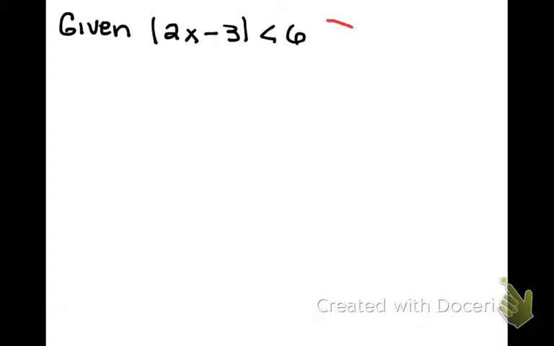So for this one, we have less than. So how you can remember this one, less than is an AND statement. So we're going to end up with one big inequality, one big compound inequality.